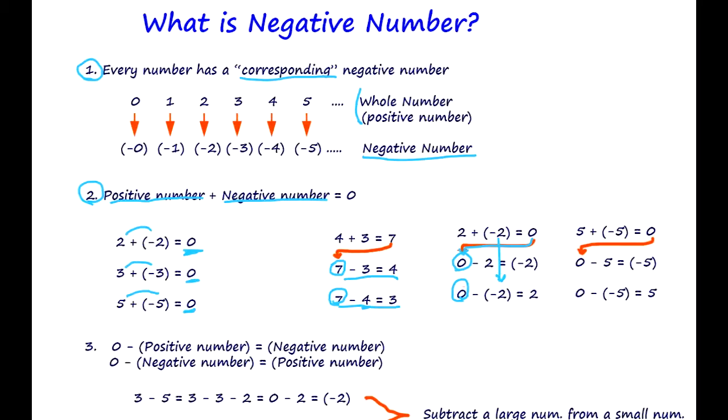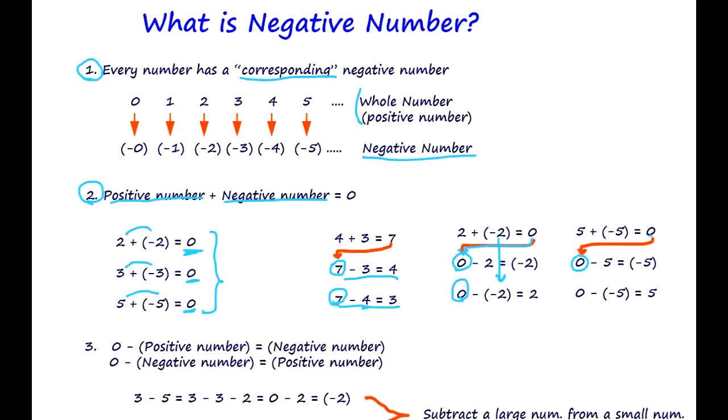So remember, 0 minus 2 is negative 2. 0 minus negative 2 is 2. So it's kind of changing the sign around. 2 becomes negative 2, negative 2 becomes 2. Let's do one more. 5 plus negative 5 equals 0, right? That's the nature of a negative number. So we bring this 0 over here.